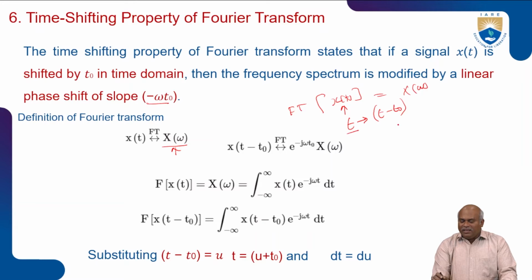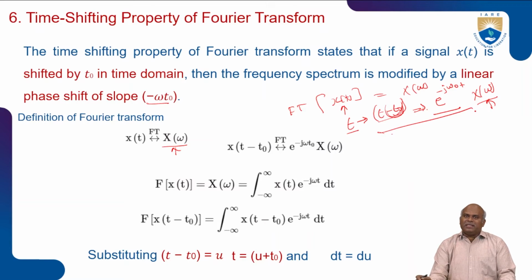Instead of t, it is shifted by t0. So what is the Fourier transform? It is the exponential of minus j omega t0, multiplied with X of omega. So it is multiplied with e power minus j omega t0 and X of omega. This is the statement of the time shifting property of Fourier transform.